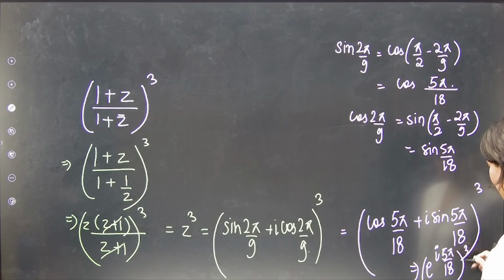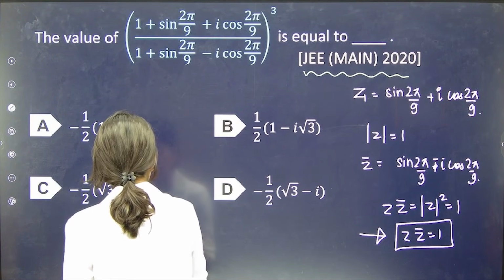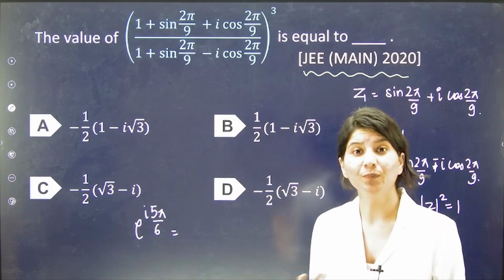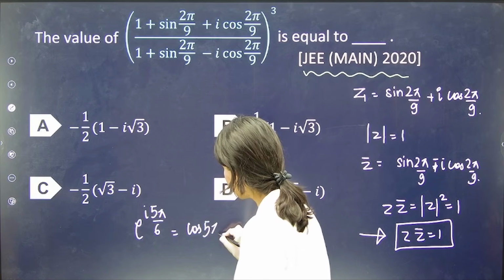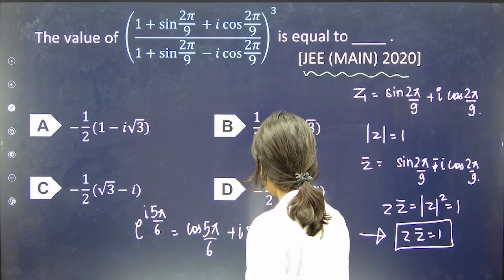Now these two will get multiplied. 3 ones are 3, 3 sixes are 18, so e raised to power iota 5 pi by 6 is the final answer. Now e raised to power iota 5 pi by 6, again if I convert into polar form, is cos 5 pi by 6 plus iota sine 5 pi by 6.